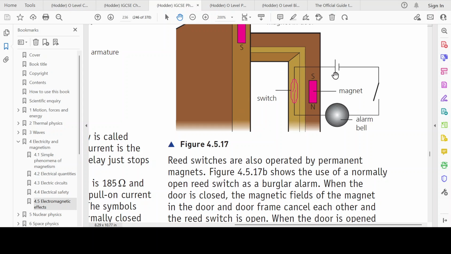As soon as they open the door, the magnetic field of the magnet on the frame is going to cause this switch to close. The circuit will become complete and the bell will go off. So there are two switches. One is the switch that you control manually, and the other is the reed switch that is controlled by a magnetic field.